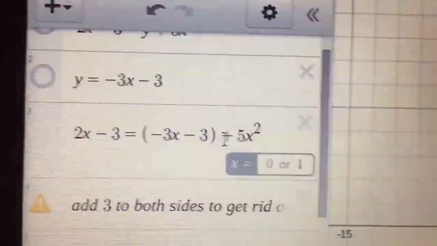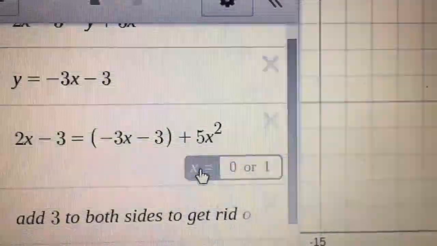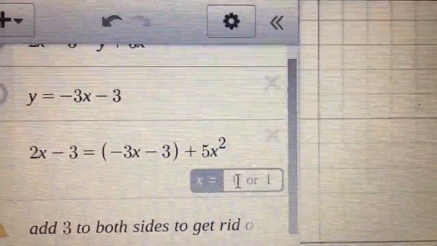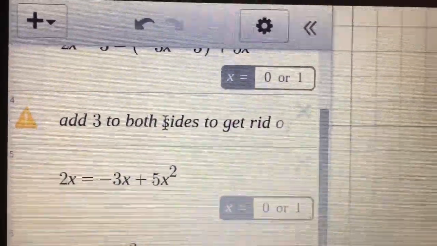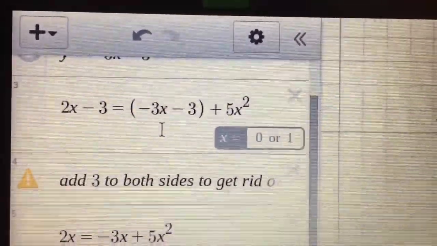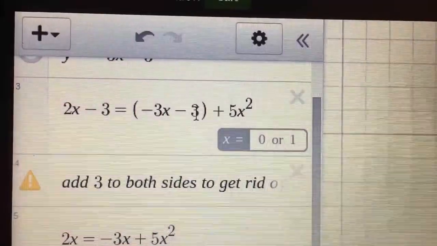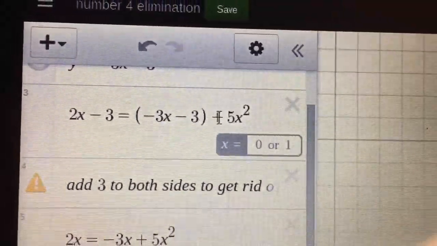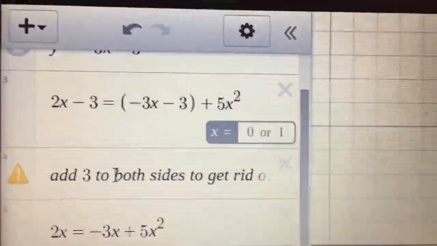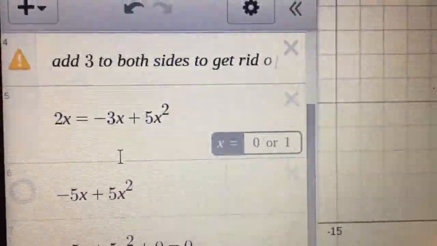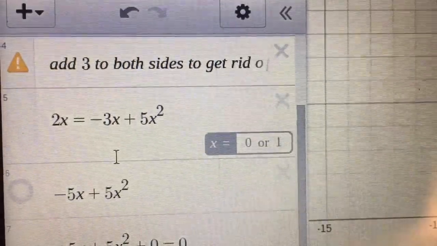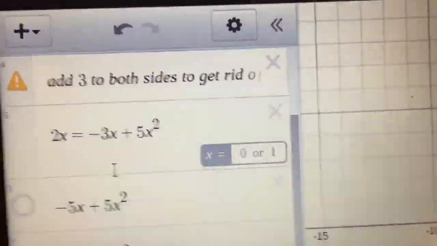squared. Okay? Desmos kind of cheats for you and gives you the answer at the end, but don't pay attention to that. Now, what we're going to do is add 3 to both sides. So we're going to add 3 right here and 3 right here, just to get rid of these two. Now, when we go down and do that, we're going to get 2x equals -3x plus 5x squared.